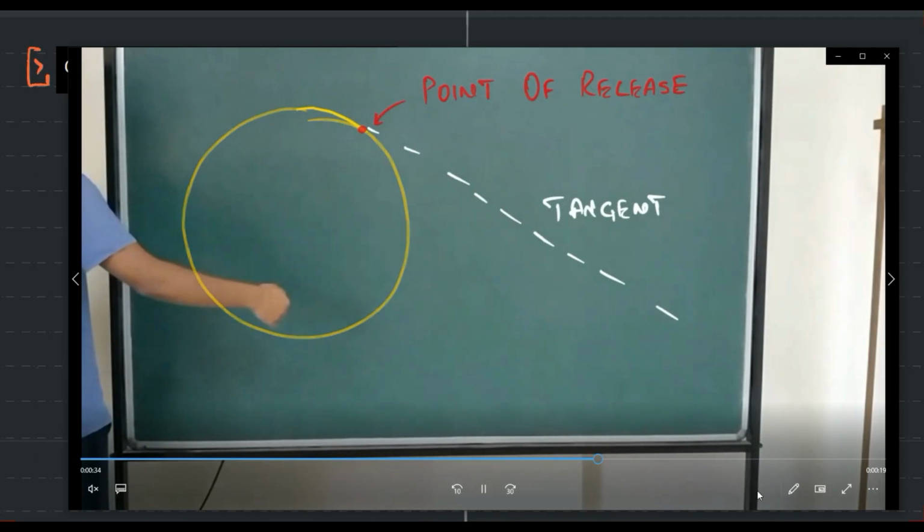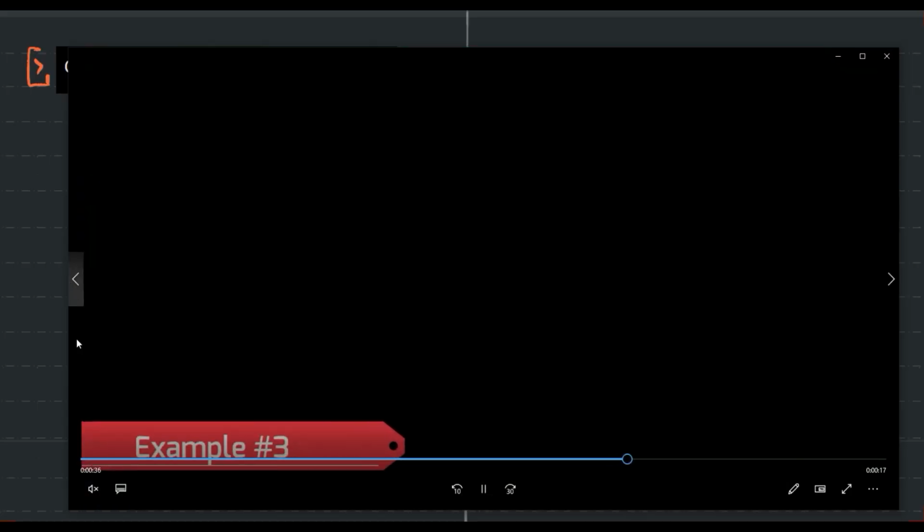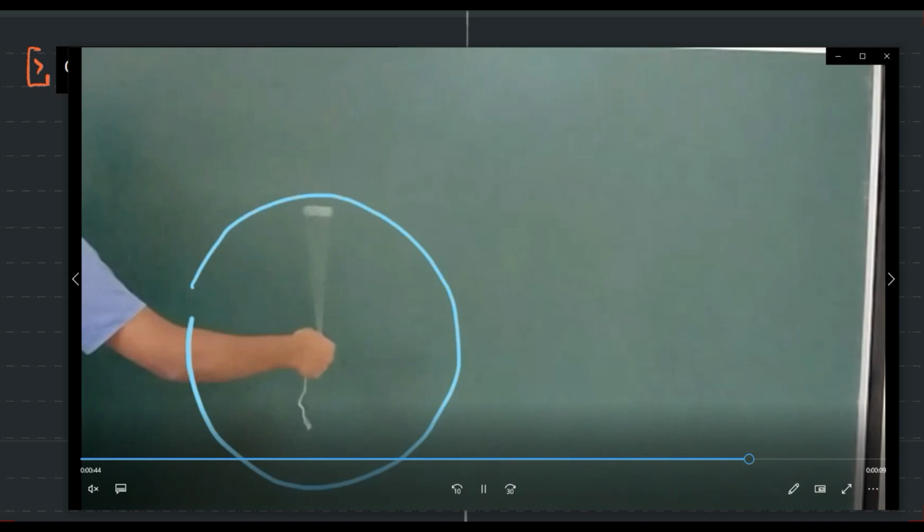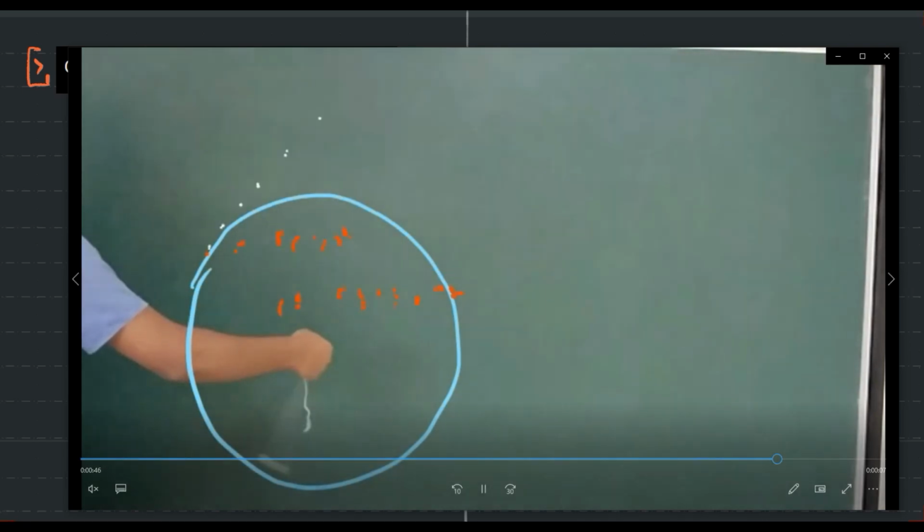It will go tangential. So that's the point. Even a car does that. And the thread force here is replaced, in the case of the car, by friction.